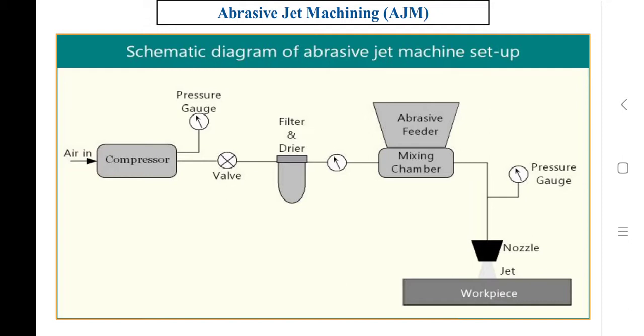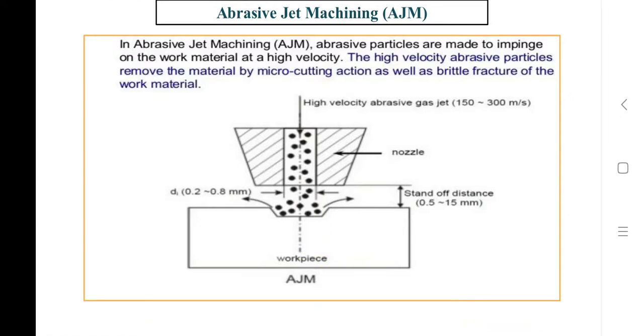This high velocity jet erodes the material from the workpiece surface at a controlled rate, and thus material removal is obtained. Here only abrasive particles participate in erosion of the workpiece material, and compressed air has no role in this process. So this is just an overview of abrasive jet machining.